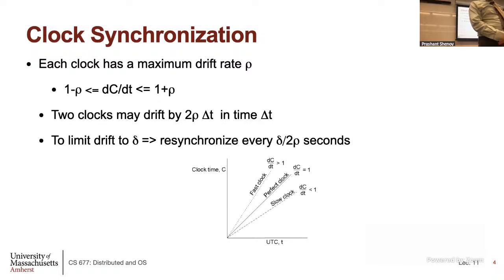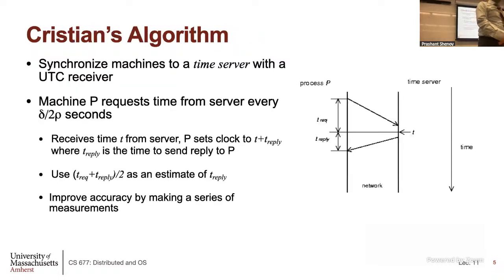The property of quartz crystals is actually somewhat temperature dependent. So if you go to a very hot climate or cold climate, the drift will still be within rho, but it may be off from where you started. So it will not be constant, neither is it known. So you can't actually use that to correct. All you know is this is the maximum amount by which you will drift. So if you resynchronize every so often, you will be fine. You will be within delta. Okay.